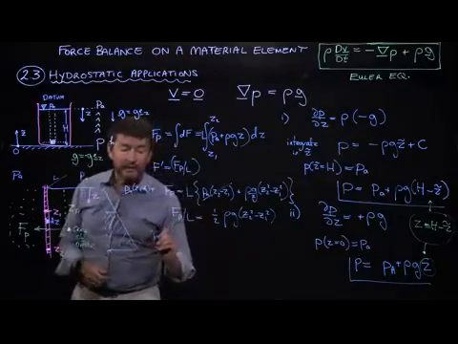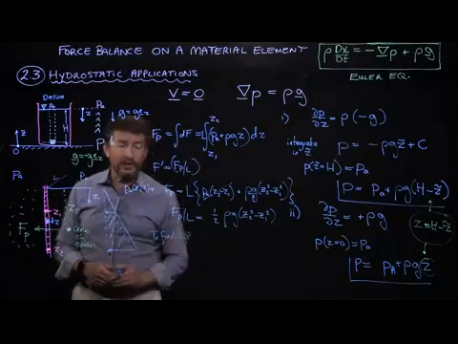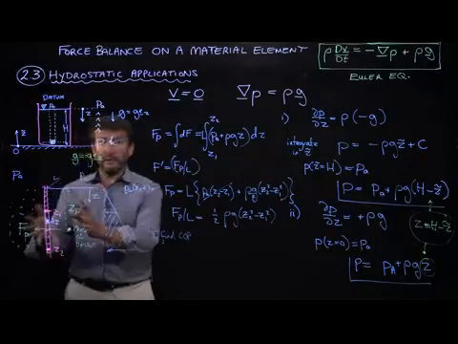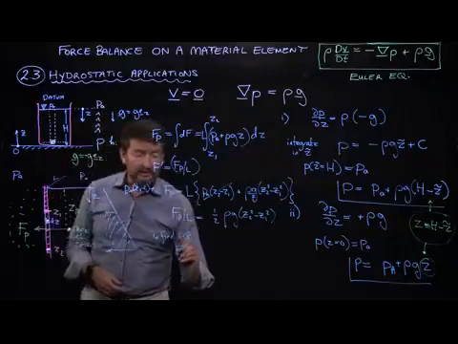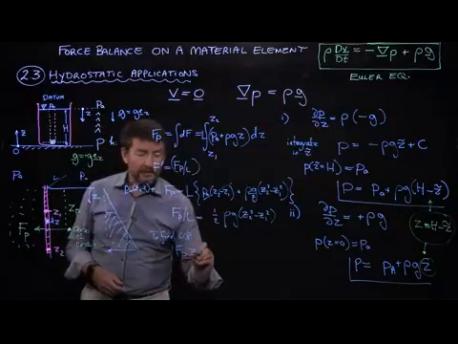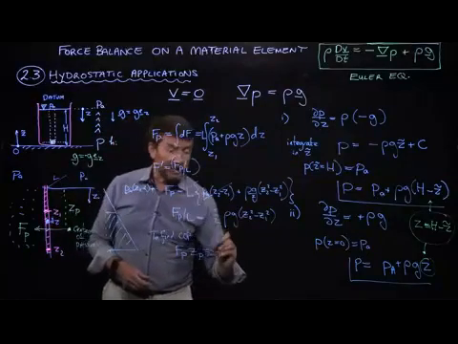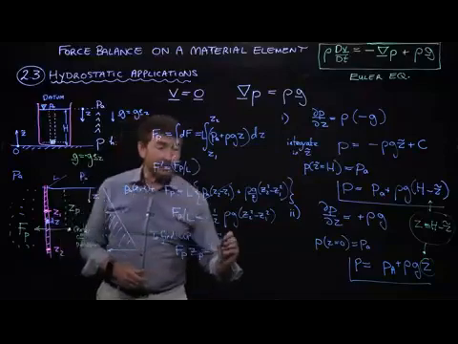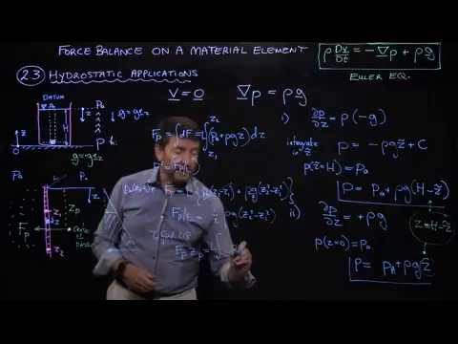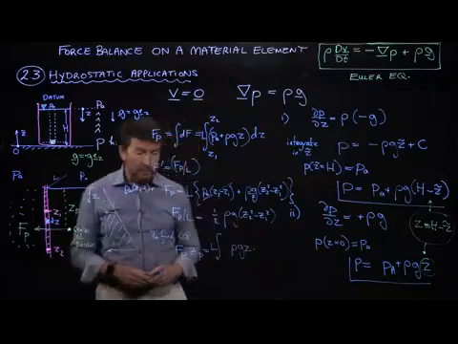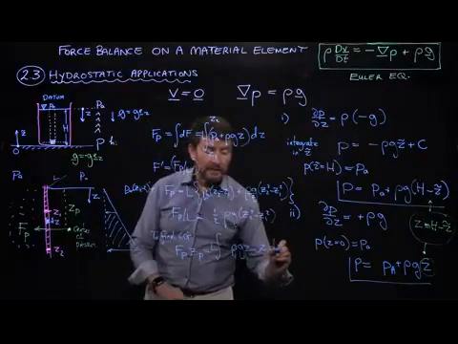So to find the center of pressure, which we'll just call COP, all we have to do is take moments and say that this system is equivalent to this system. So we might write that Fp times Zp is equal to taking moments of, again, multiplying by the width of the system, the pressure, which is rho times g times z, multiplied by the moment arm, z, and the size of the element, dz.